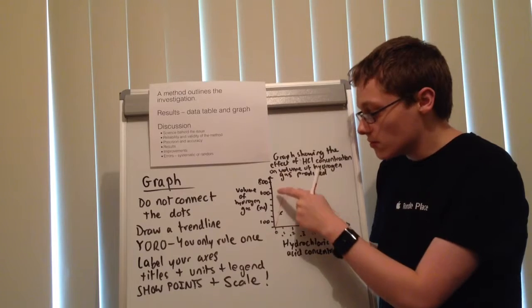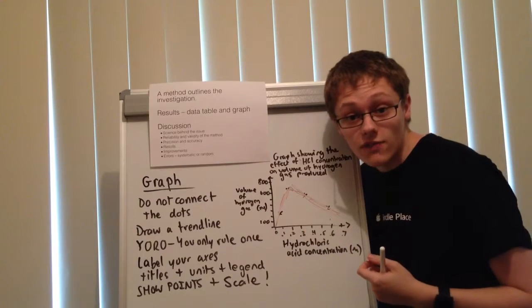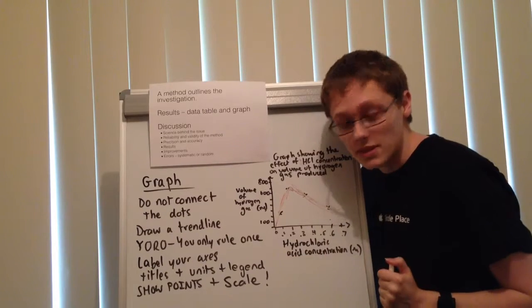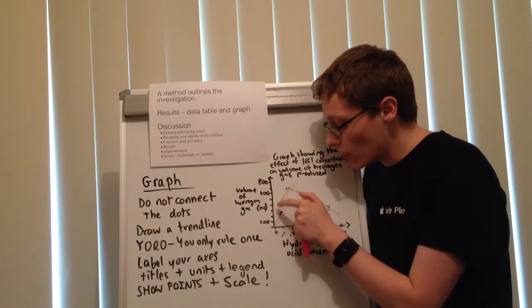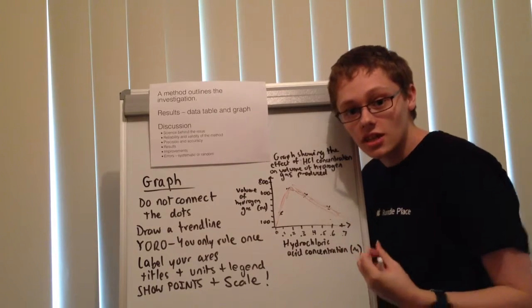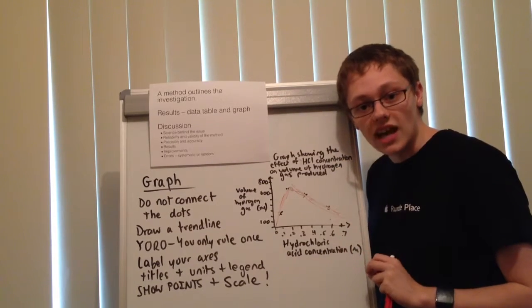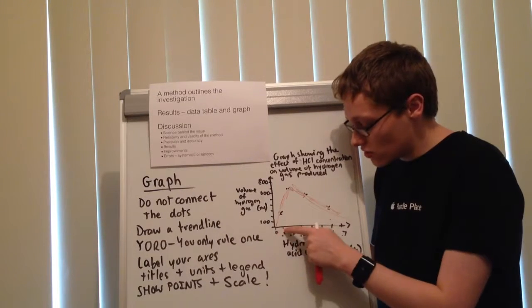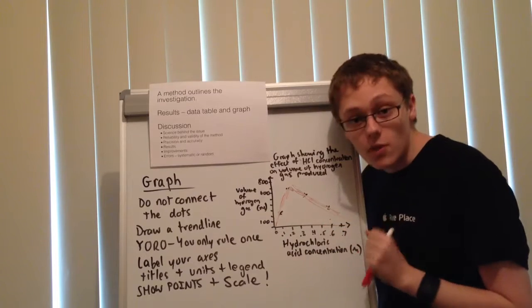And you must have an appropriate scale to fit the data. As you can see, I'm going up here in 100 milliliter increments. I can't just go 100, 400, 500, 700 just to squish my data in there. That is not a good way to represent your data at all. Hydrochloric acid concentration across here, I'm going across in 0.1 of a mole each time.